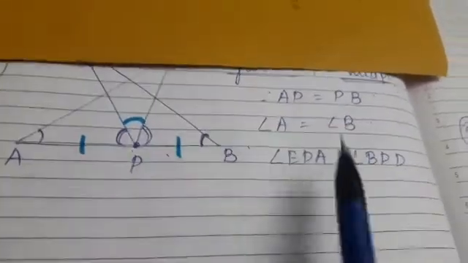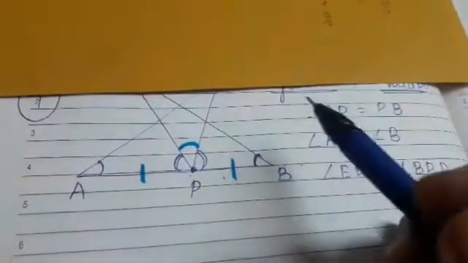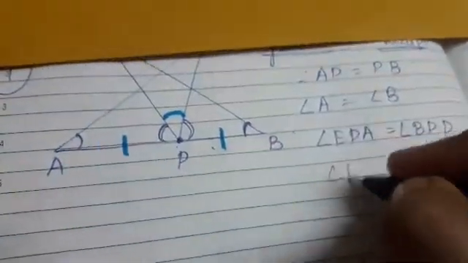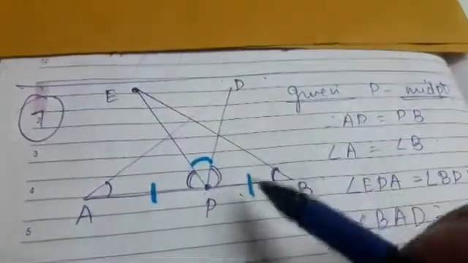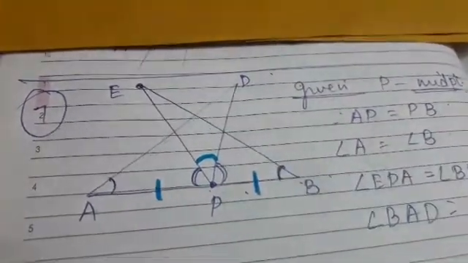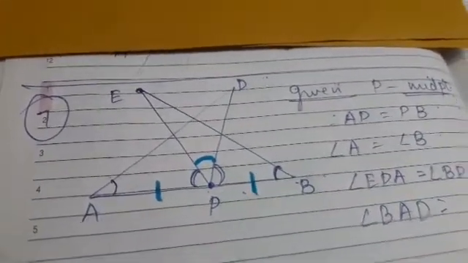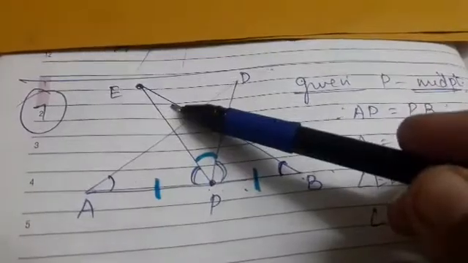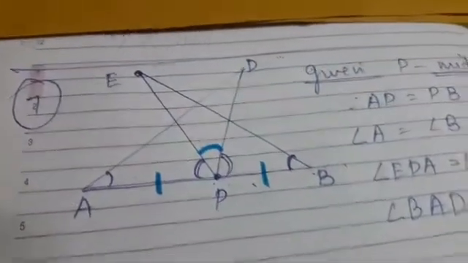This is given. Then one more angle is given, angle BAD is equal to angle ABE.